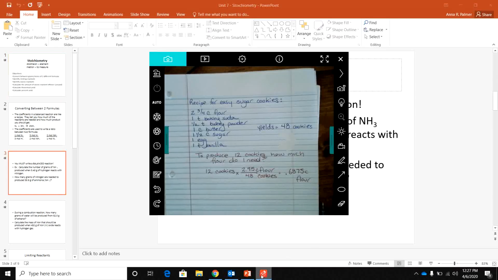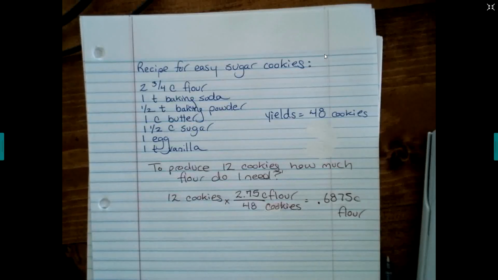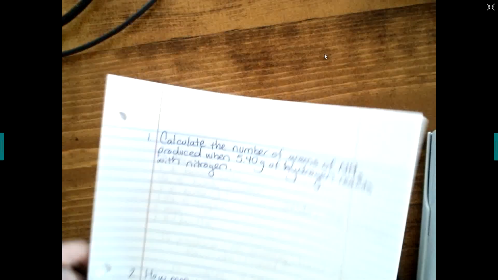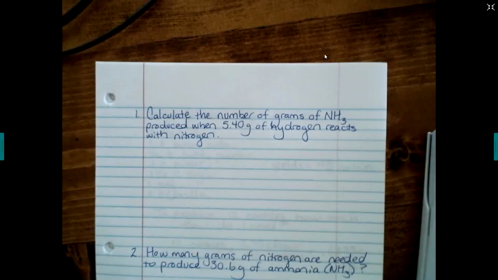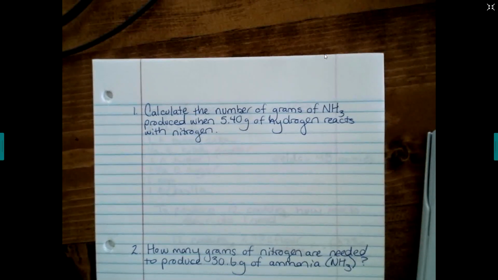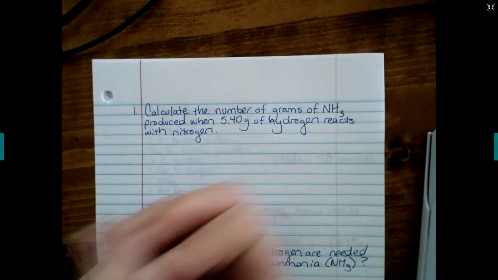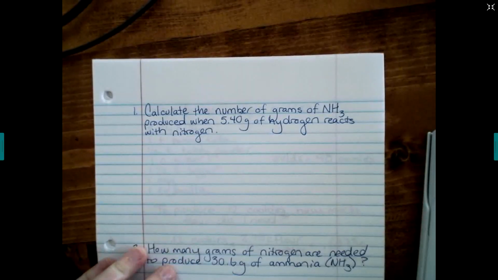So let's look down at my document camera. And I have copied this problem down for you. It says calculate the number of grams of ammonia produced when 5.4 grams of hydrogen reacts with nitrogen. Well, first we need to begin with a balanced equation. Now this happens to be the same equation we just looked at.